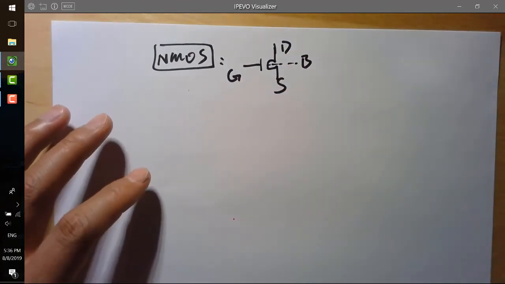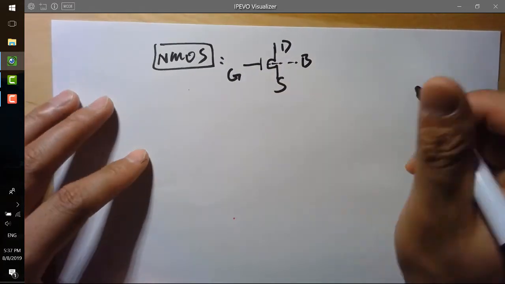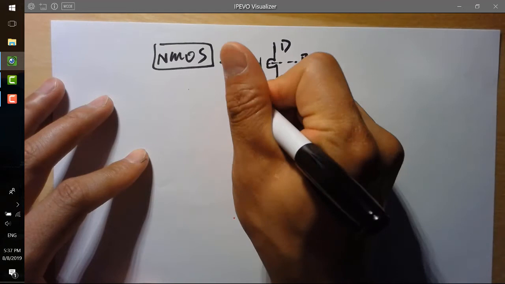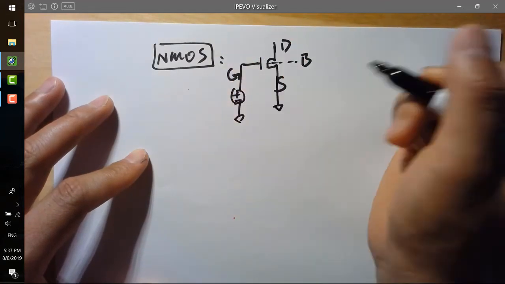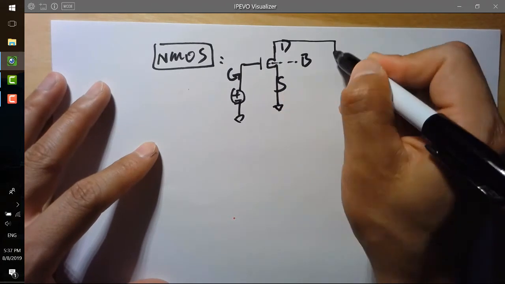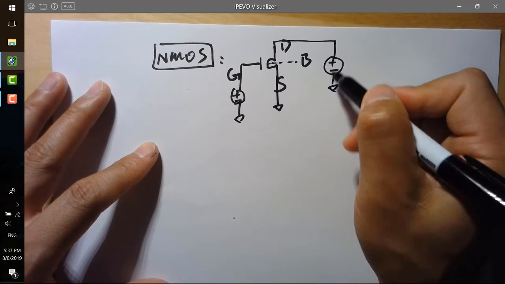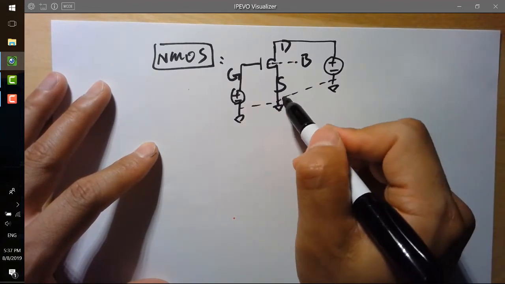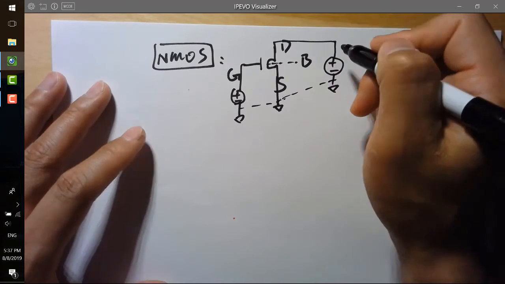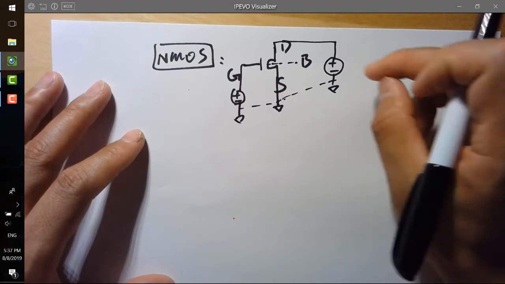And for this little transistor, if we apply a voltage to it, right, a voltage here, and we ground this source, and we provide another voltage here. Because it's grounded here, they share the same ground, so we can say that the voltage across these two terminals is the same as the voltage here.